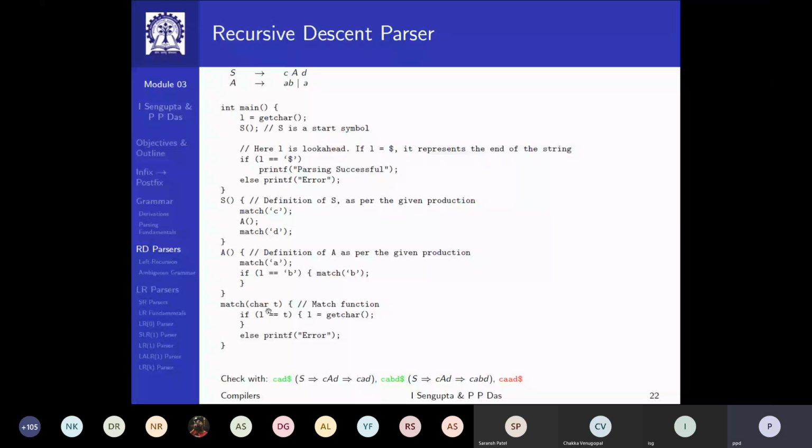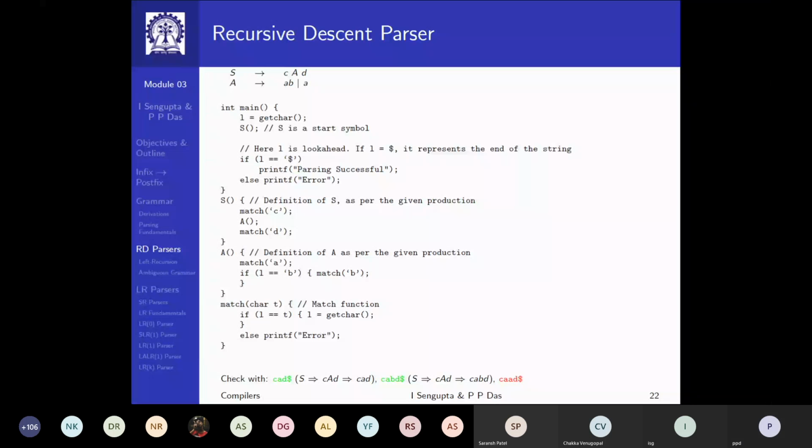So in terms of the match function, how do you express the production rule S? If S has to do the derivation, then it has to first match C, because I have C on the right hand side. Then it has a non-terminal A, so it has to match everything that the non-terminal A can produce through the leftmost derivation.